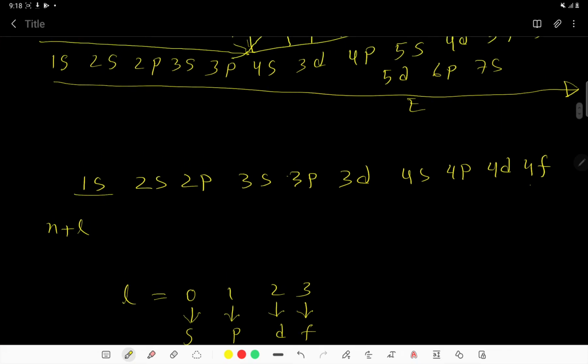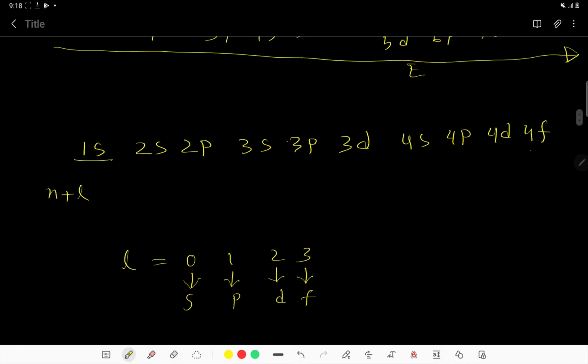So the energy of this 1s subshell will be 1 plus 0, that is 1. The energy of this 2s will be 2 plus 0, 2, and then we'll get for 2p, 2 plus 1, 3, then 3 plus 0, 3, and 3 plus 1, 4, 3 plus 2, 5.